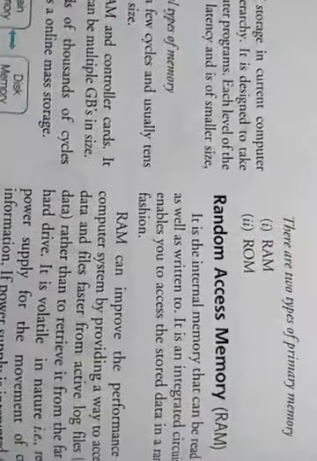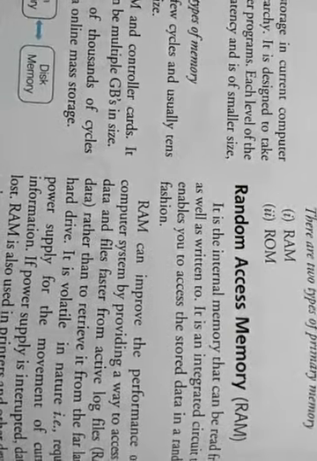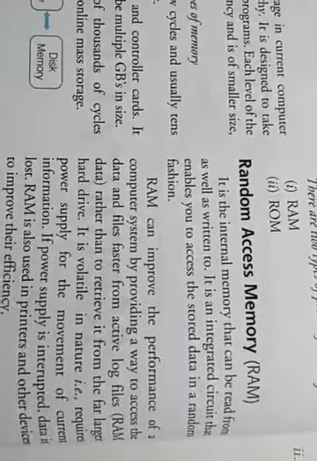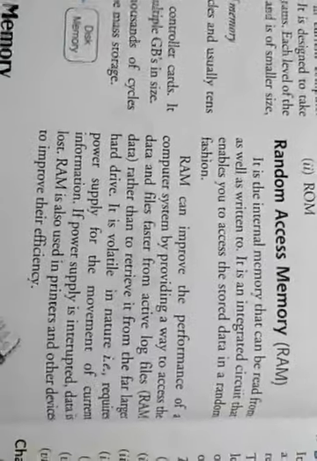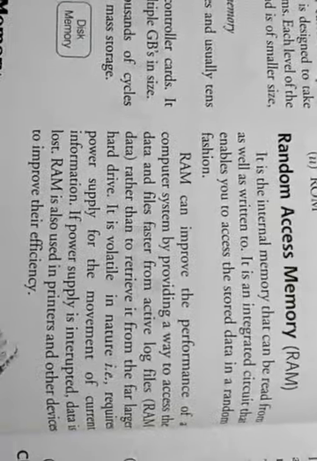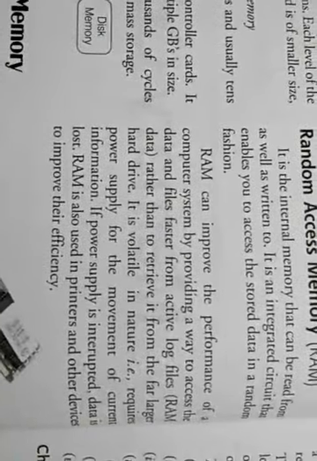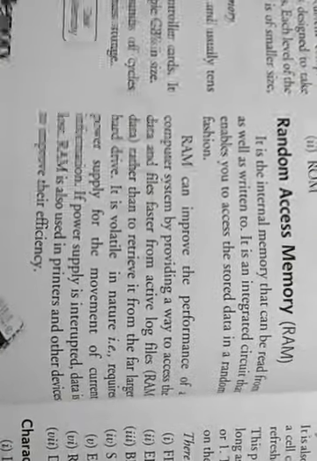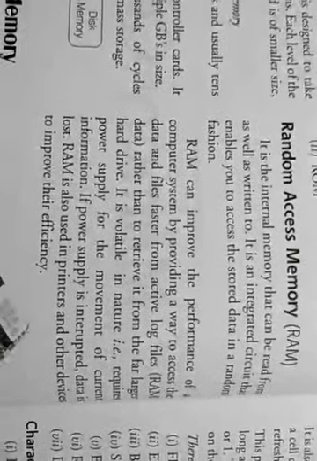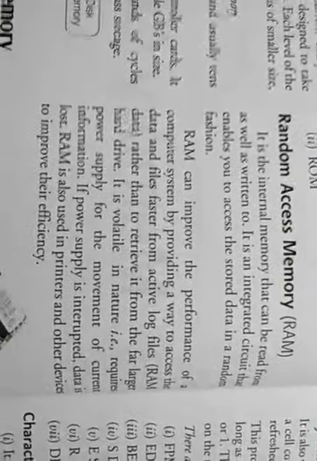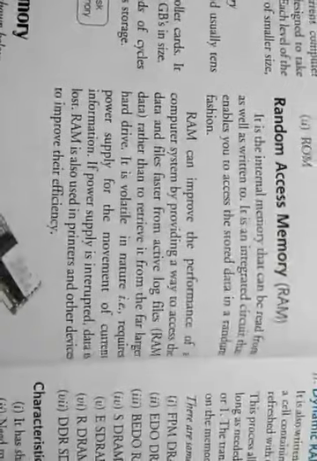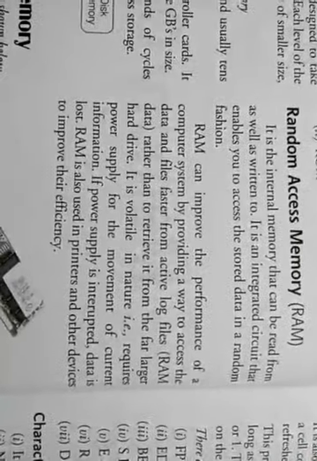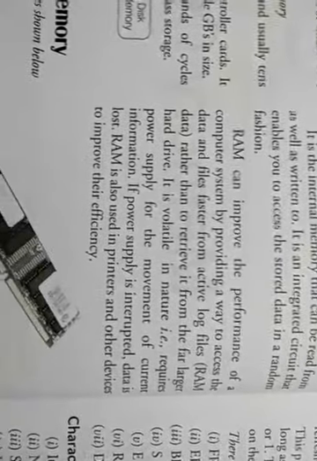RAM stands for random access memory, and we can perform read and write operations in this memory. So we can read and write our data in this memory, but this memory is a volatile memory. Till the power of the computer is on, the data will be stored in this memory. When the power of the computer is off, the data will be erased from this memory.